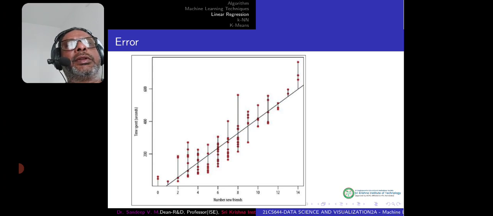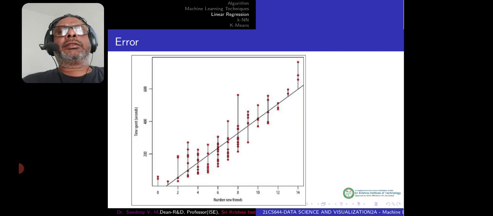This one looks like the one which gives minimum error, so that will be the linear approximation of our data.